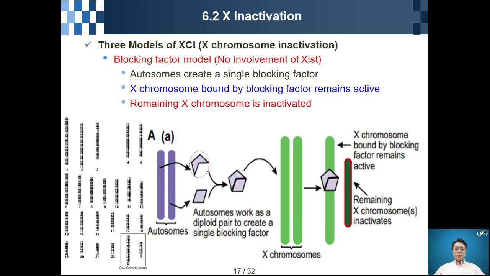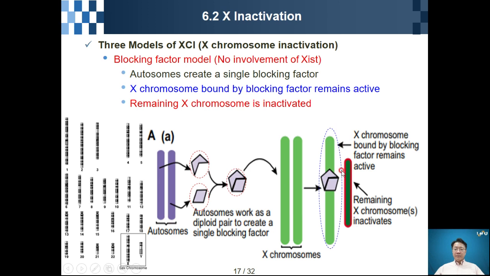So autosomes work as a diploid pair to create a single blocking factor. After that, this blocking factor binds to one of the X chromosomes. The X chromosome bound by the blocking factor remains active.